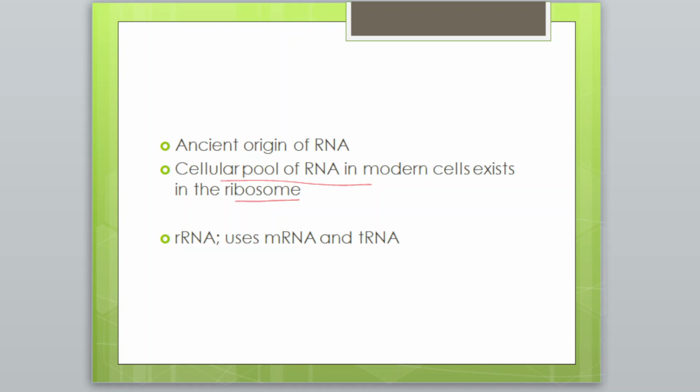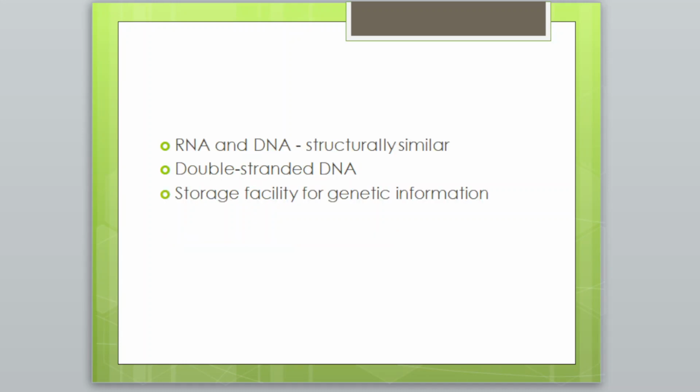Because RNA and DNA are structurally similar, RNA could have given rise to the double-stranded structure of the DNA. It is also suggested that once DNA evolved, it became a storage facility for the genetic information.